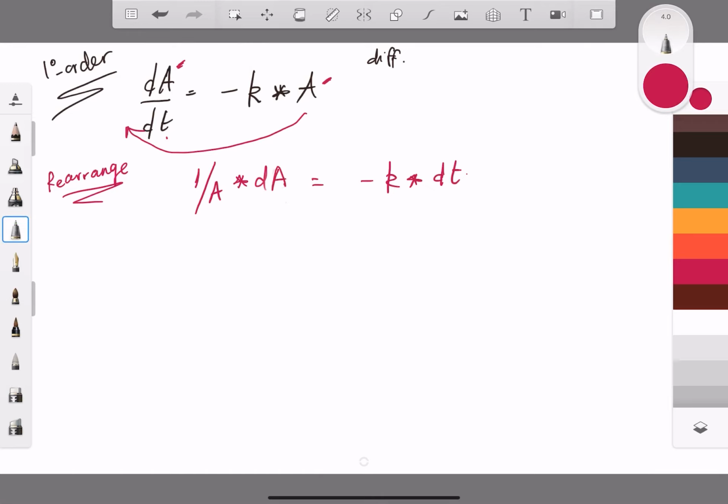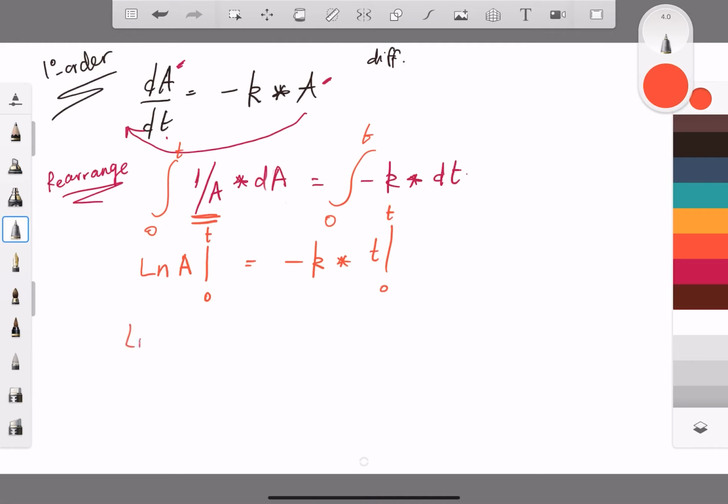Okay, so again, it's a differential equation and we need to integrate from 0 to time t. This will give us ln A from 0 till time t. The constant will go out, multiplied by time from 0 to t.